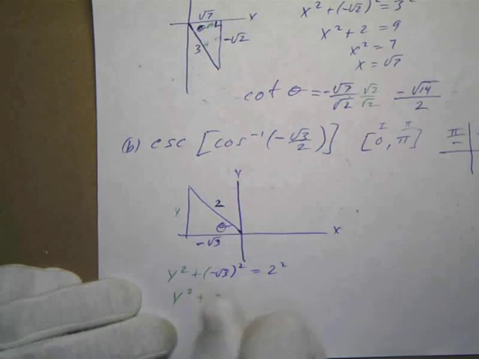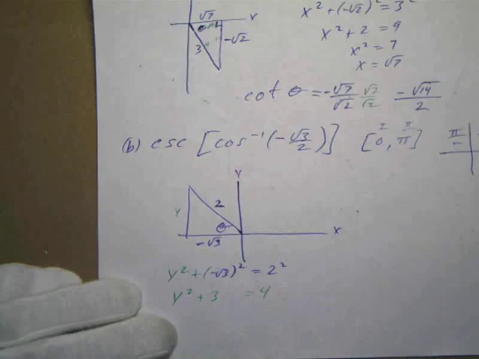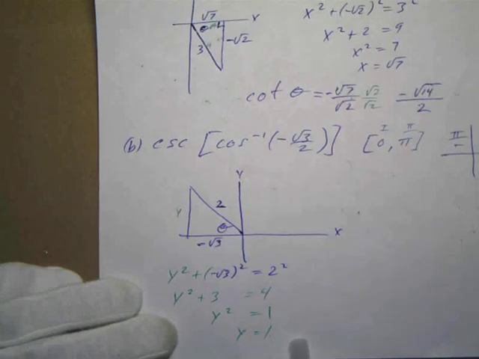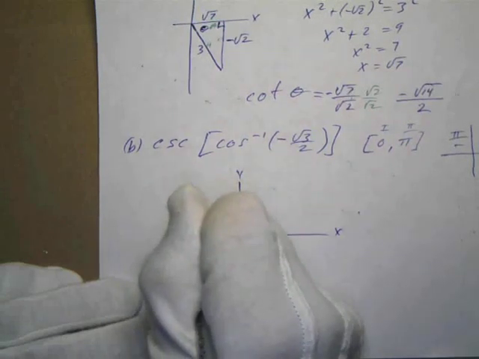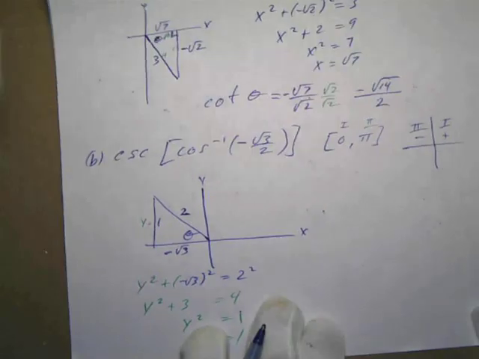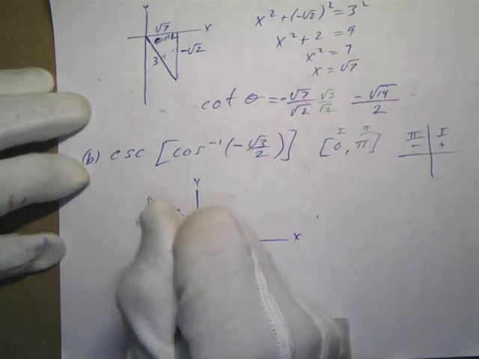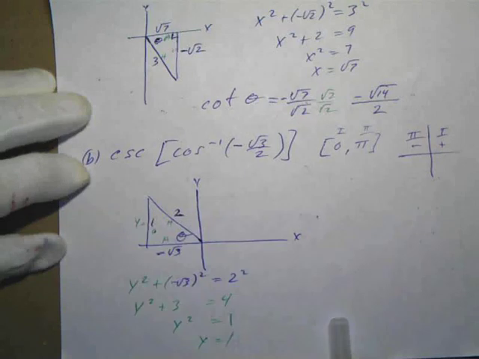So y squared plus 3 equals 4, because the square root of 3 squared is 3. Then if I subtract 3, I get y squared equals 1. So y equals 1. So that was pretty easy. So this is equal to 1. So there's all my sides. This is relative to theta: the opposite, hypotenuse, and adjacent.